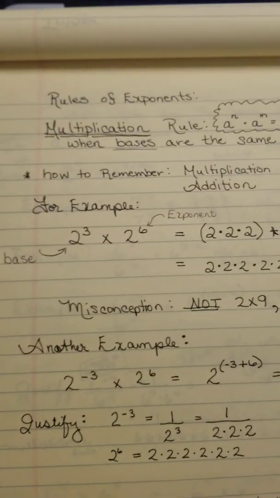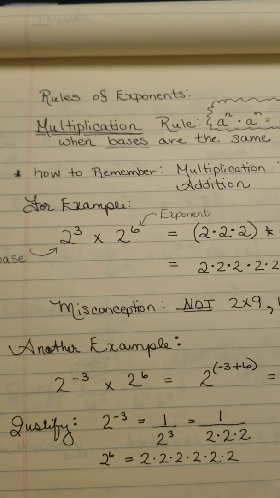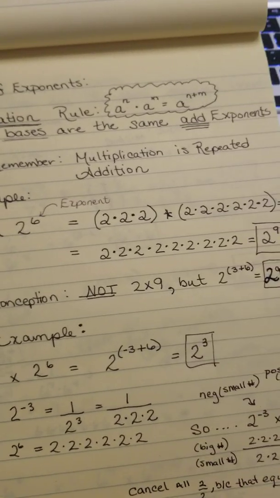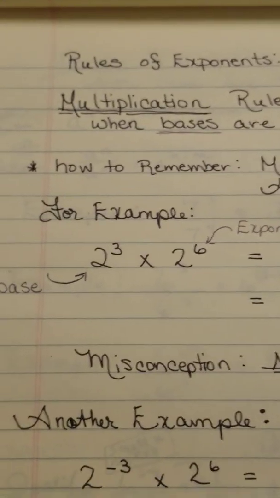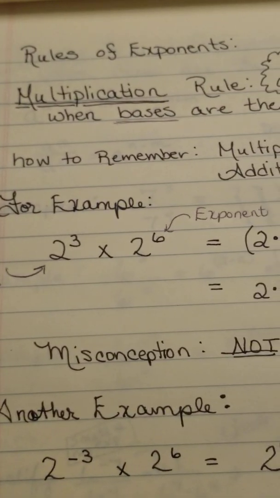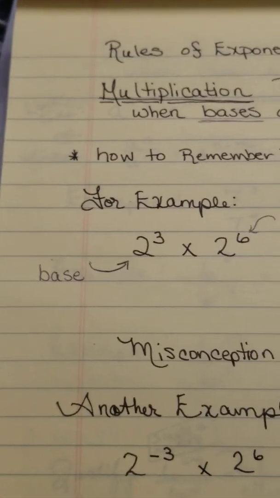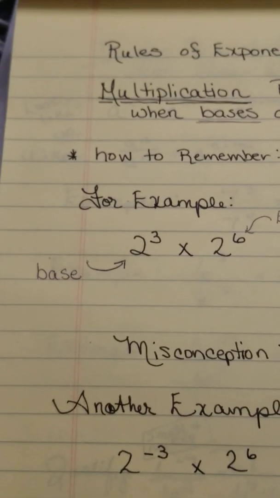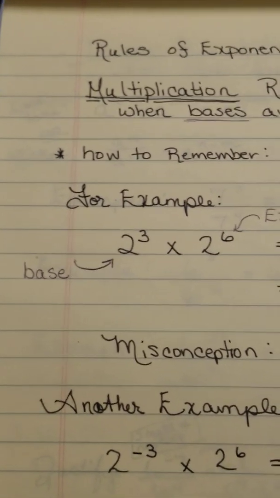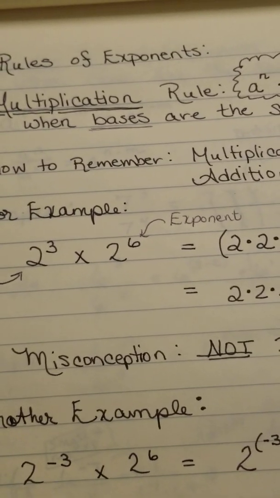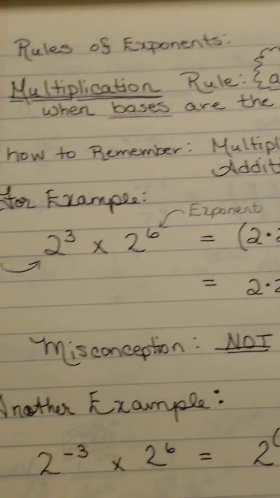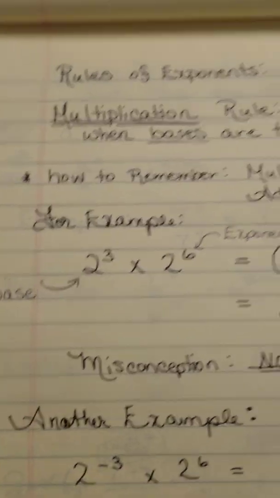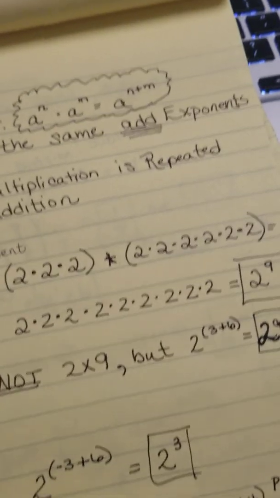All right, so when bases are the same and you're multiplying, you add those exponents. What we're talking about as the base is the number or variable that is being multiplied over and over again, determined by the exponent. So when bases are the same and you're multiplying, you add exponents.